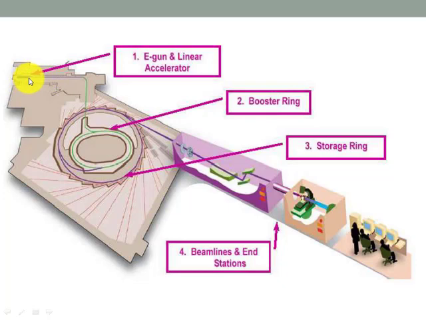Let's assume that it's an electron. The electron gun emits the electron using thermionic emission. You know that by using a step down transformer, if we step up the current in a filament, that will give thermionic emission, and that will emit the electrons, thermionic electrons, and those electrons will be accelerated using the linear accelerator.